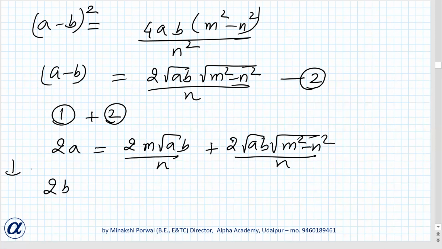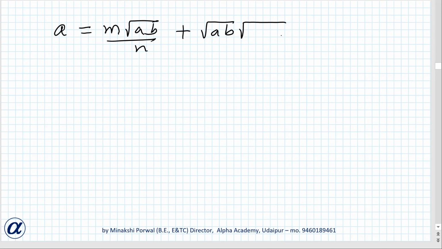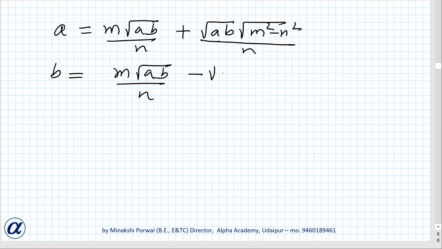Similarly, 1 minus 2 will give us 2B, that is equal to 2M under root AB upon N minus 2 under root AB under root M square minus N square upon N. Taking 2 common from both the equations, A equals to M under root AB upon N plus under root AB under root M square minus N square upon N. B is M under root AB upon N minus under root AB under root M square minus N square upon N.